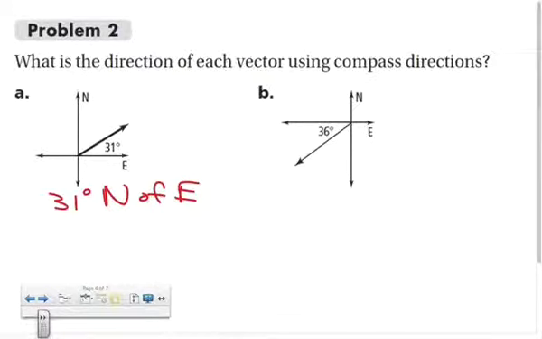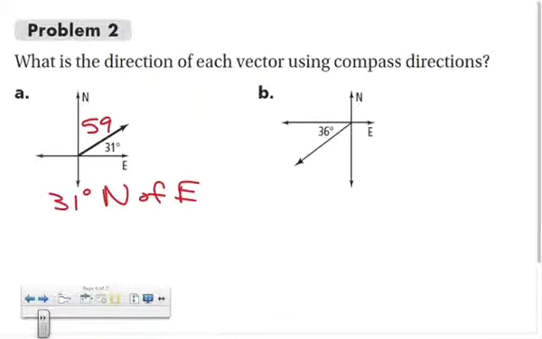Part B. Someone else, please. Adrian, did you say it was east of north? Good question. East of north would be fine if I was talking about the 59-degree angle that's up here. I know there's always some confusion about what word comes first.